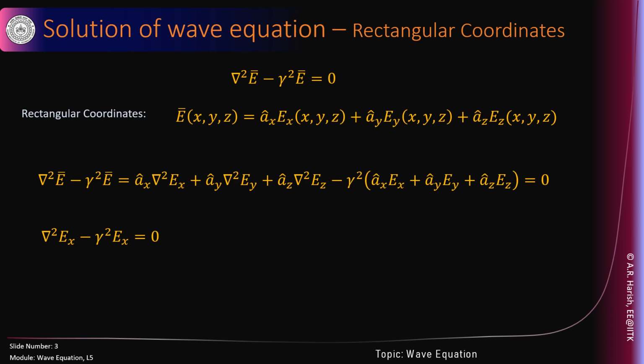That is del square Ex minus gamma square Ex equal to 0. Similarly, del square Ey minus gamma square Ey equal to 0, and del square Ez minus gamma square Ez equal to 0.